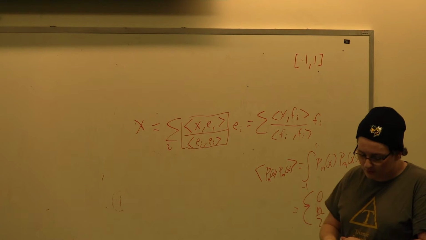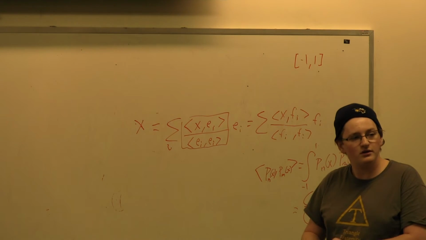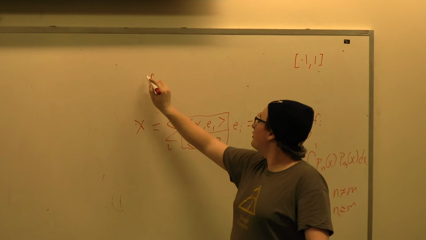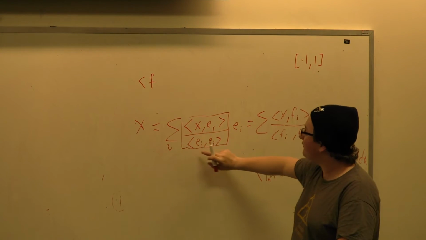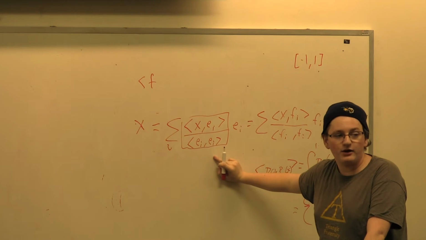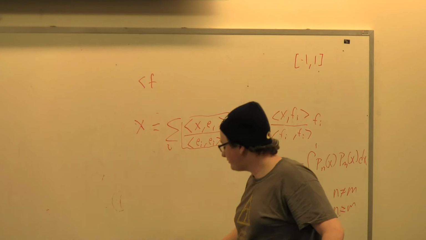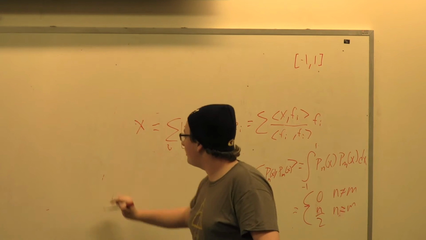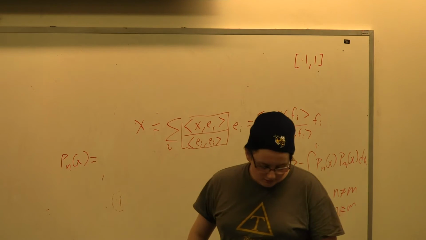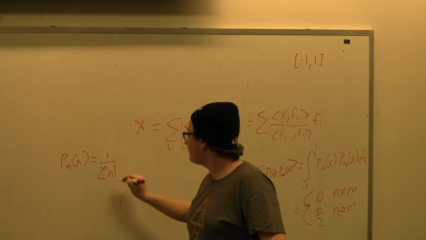So from that, what we can do is take a general function f, take its inner product, and apply this formula, and we can get a power series representation, because the Legendre polynomial P sub n of x can be written as 1 over 2 to the n n factorial.